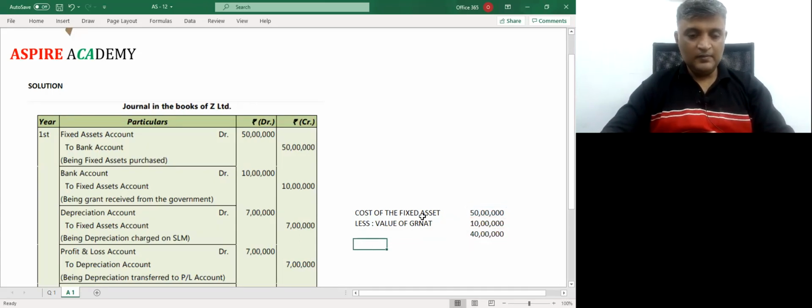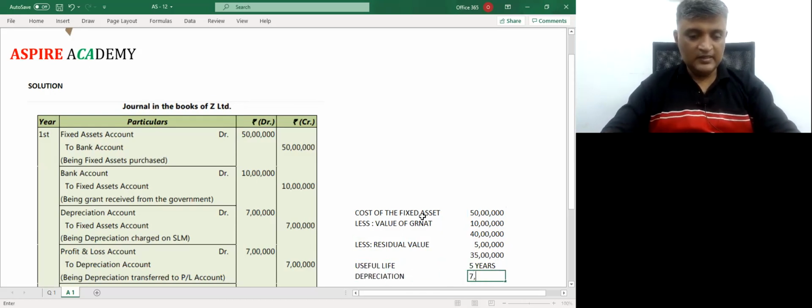From this, if I subtract the residual value of 5 lakhs, I will get 35 lakhs. What is the useful life? It's 5 years. Therefore, the depreciation charge is going to be 7 lakhs.